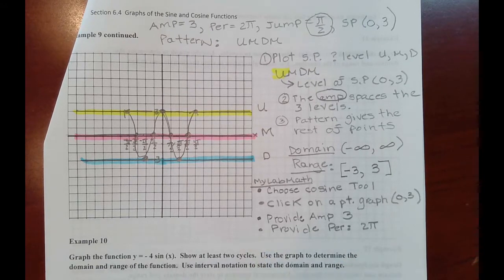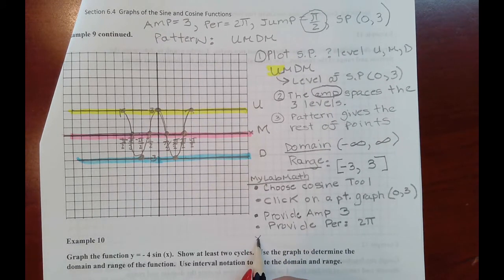And then they'll have 2 boxes down at the bottom. One says reflection about the x-axis. And you only check that off if the graph is flipping over the x-axis. Okay, so let me write a little comment about that. This is not a graph that flipped over the x-axis. It did not have a negative out in front.